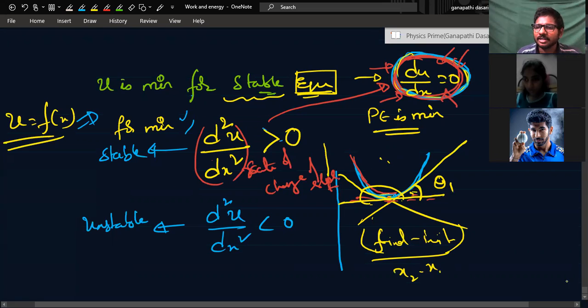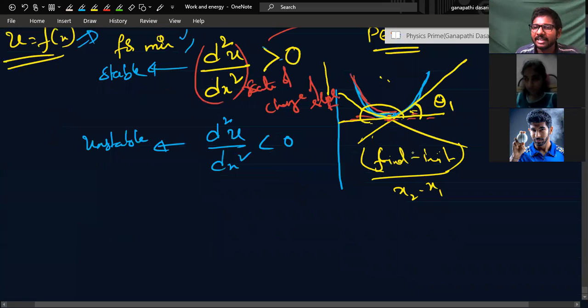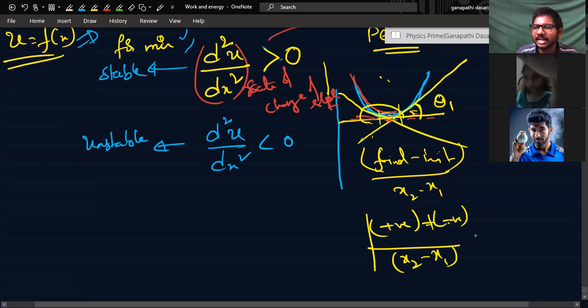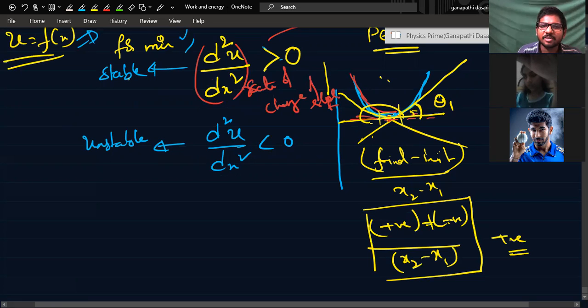The final slope is positive minus the initial slope is negative, that means positive. x2 minus x1 is positive because x2 is the bigger one and x1 is the smaller one. So it is a positive value. That is, for a minimum, the double derivative is greater than 0.